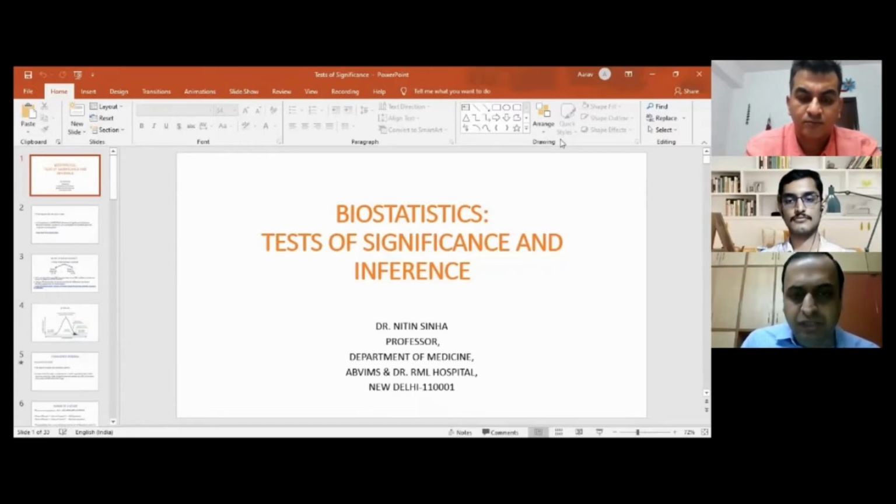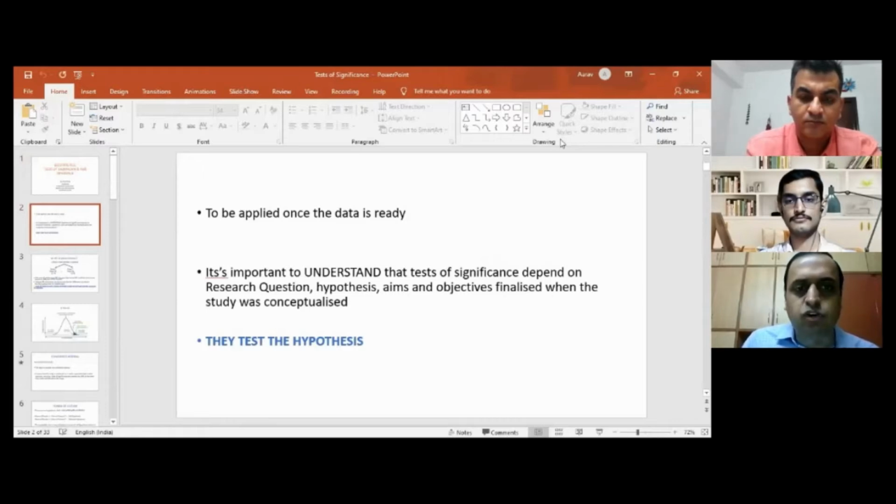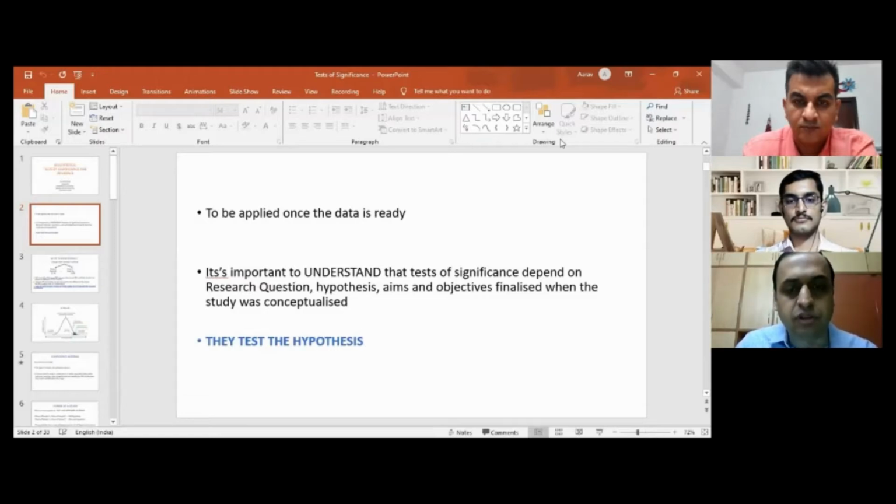So starting with it, as I just said, these tests are to be applied once the data is absolutely ready. It is very important for us to understand that the test of significance depends upon the research question that was initially formulated when the study was being planned, that is, when the protocol was being written. What was the hypothesis? What were the aims and objectives?